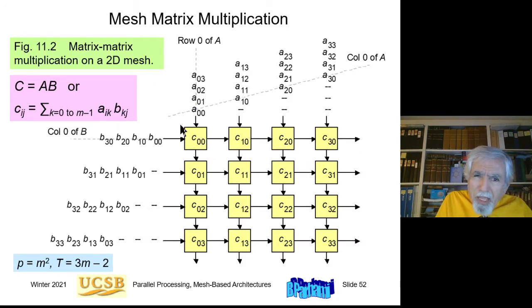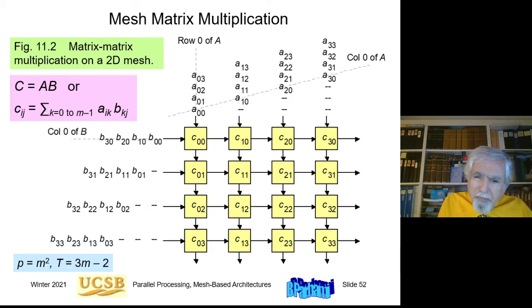And similarly, the elements of the result matrix C are computed one per processor.